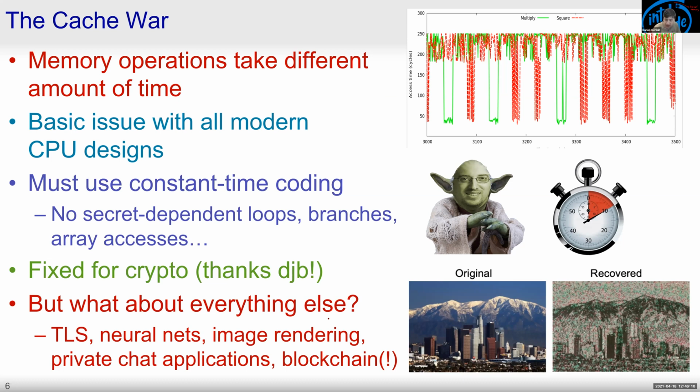Everybody needs constant time, and nobody has it. And if you don't have constant time, then somebody will measure latency. And that's the caching war. Questions about this? Yes, no, maybe, maybe not? Everybody good? Yeah, looks like we're good.